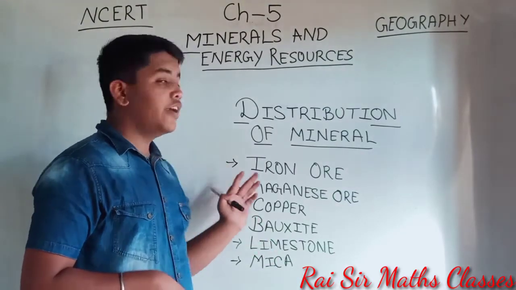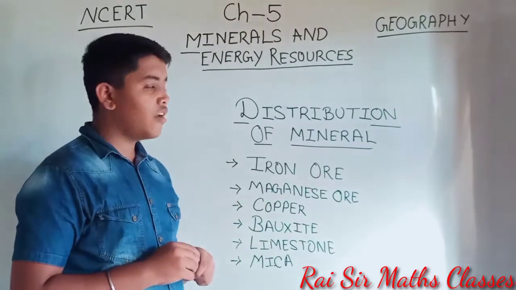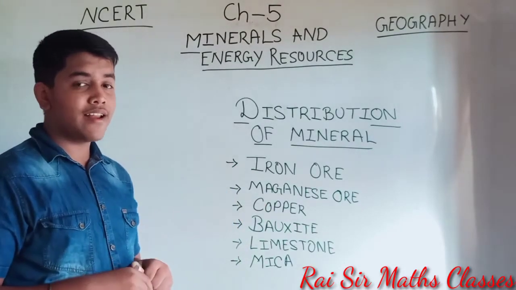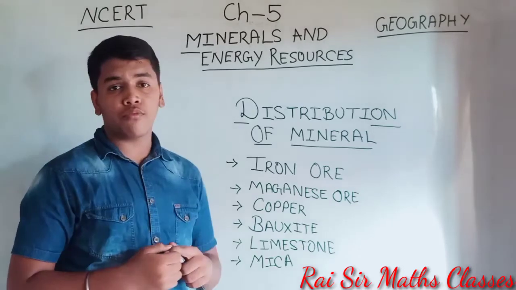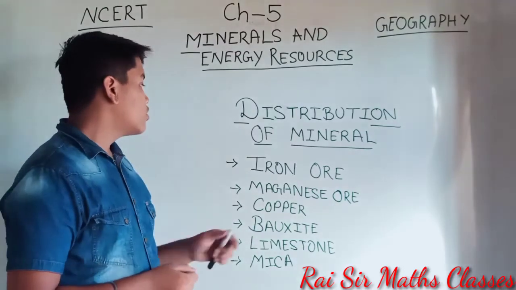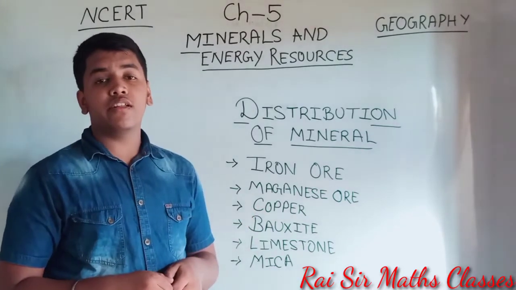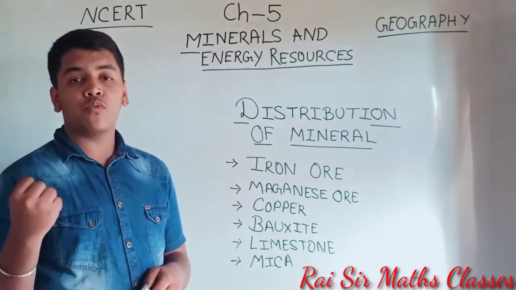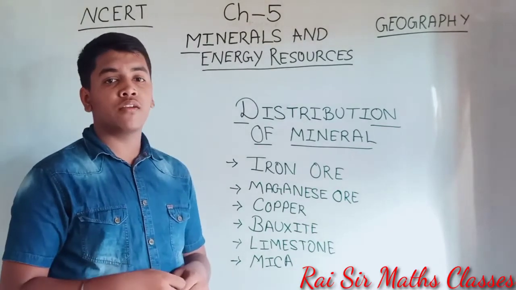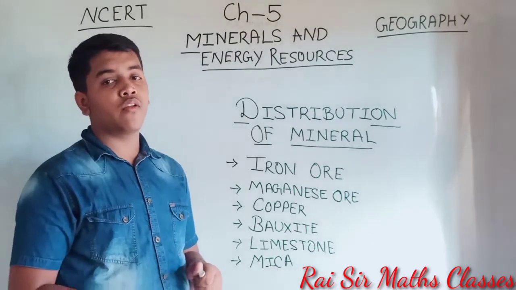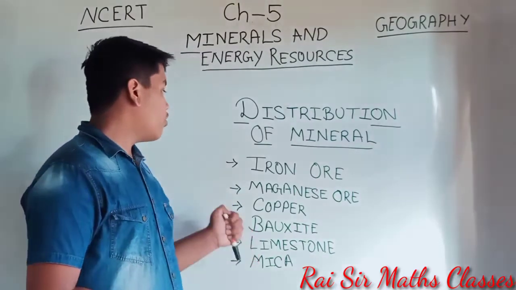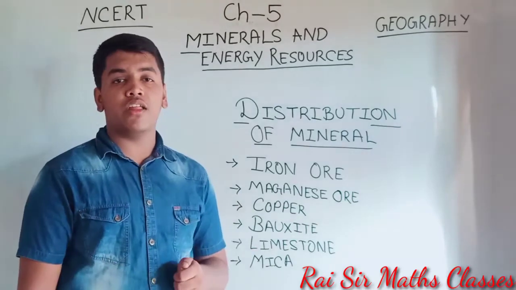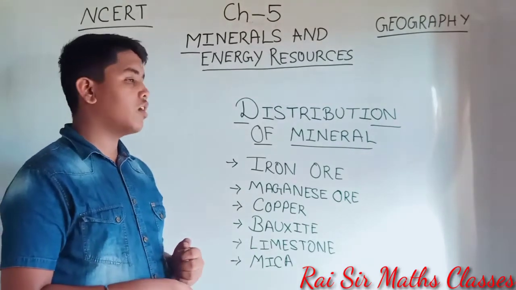So it is the backbone of all the mineral industries. Iron is strong and very useful, but it has one weak point: corrosion. After all, it is the strongest material found on earth.